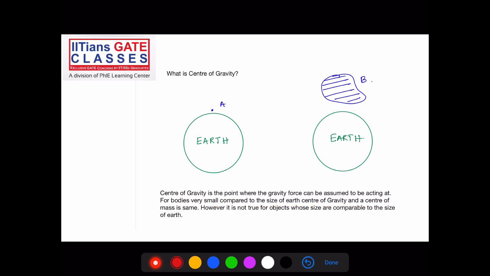However, if the size of the body is comparable to the size of the Earth, the center of gravity and center of mass will be different points. Okay, I hope you got what exactly center of gravity is.